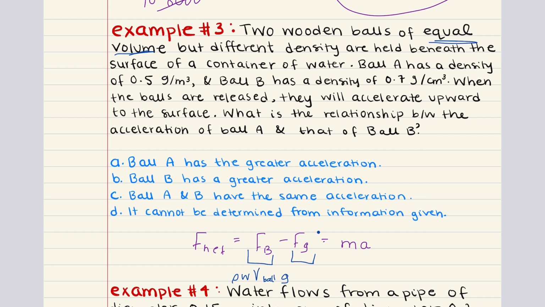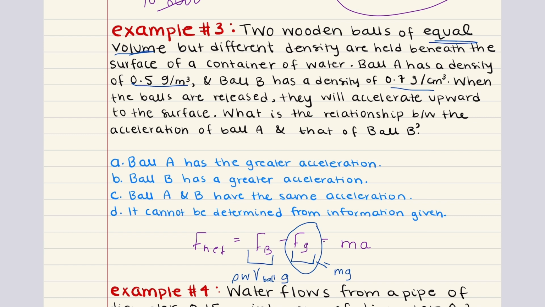What about our gravitational force? This is equal to mass multiplied by acceleration due to gravity. Since the two balls have different densities, that means they're going to have different masses, which means that the gravitational force for each ball is going to be different.